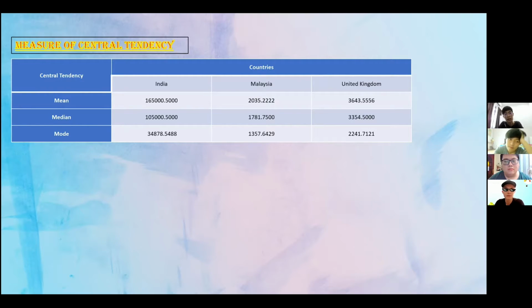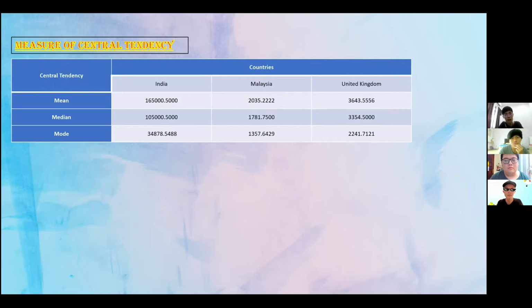Followed by the United Kingdom, whose mean is 364.3.5556, and the median is 3354.5. Lastly, the mode is 2241.7121. Malaysia has the lowest mean, median, and mode among these countries.